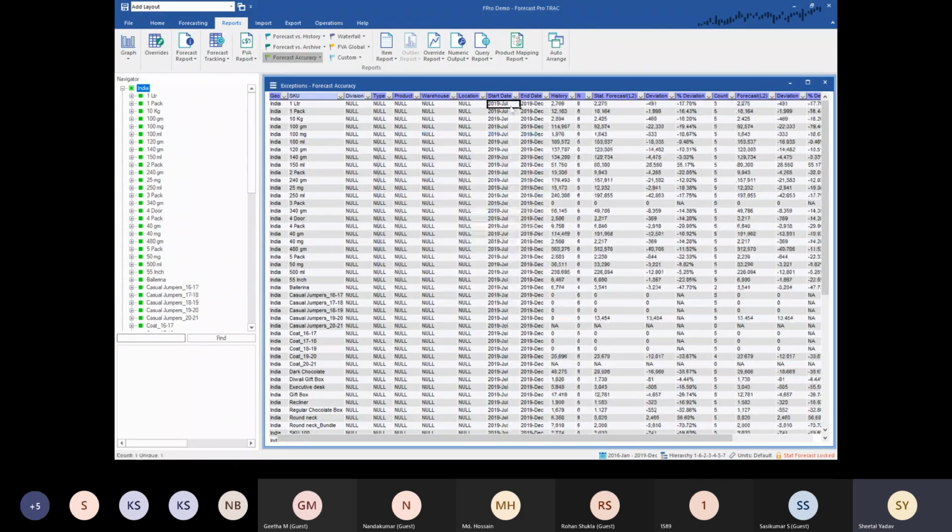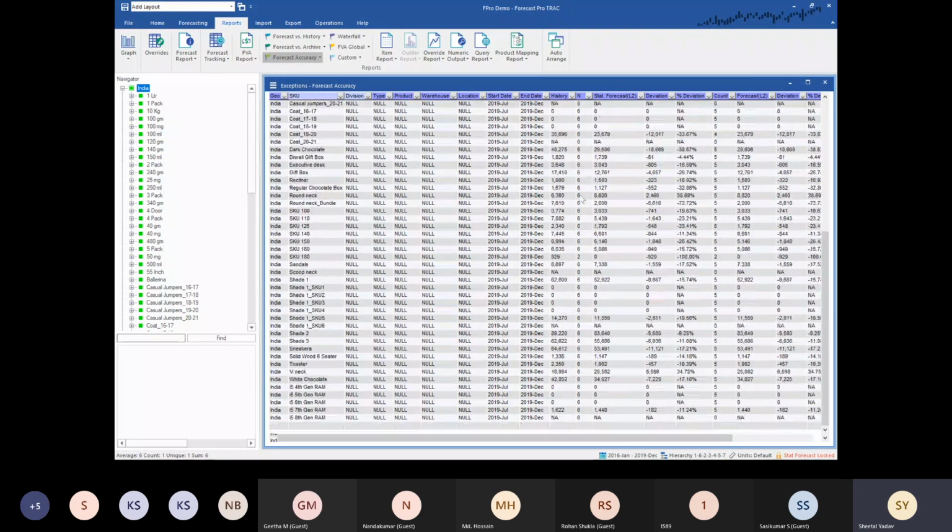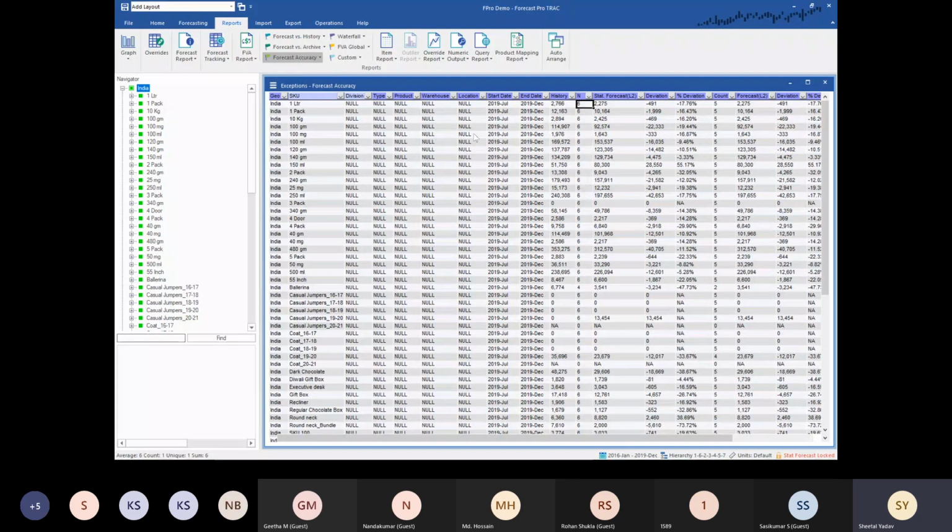And when you do that, it's going to combine the actual sales data and your forecast data, and it will give you how many observations you are combining for that respective item. And then you can look at your combined stat number and the deviation and all of it.